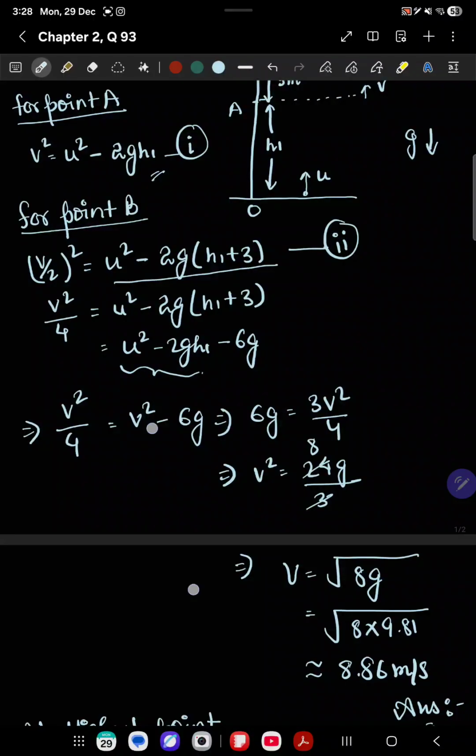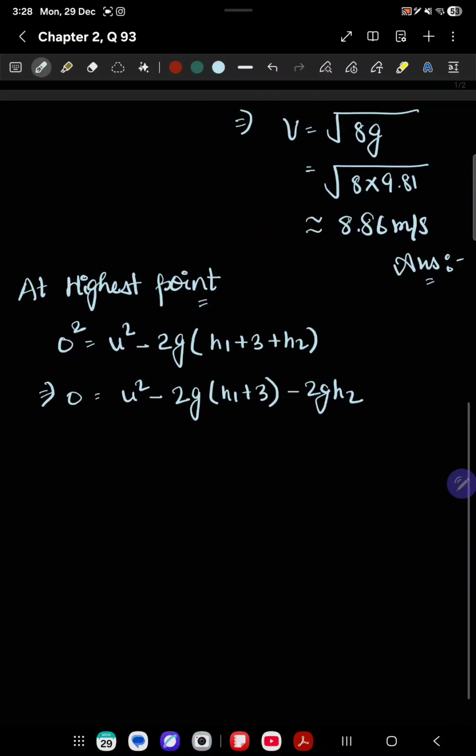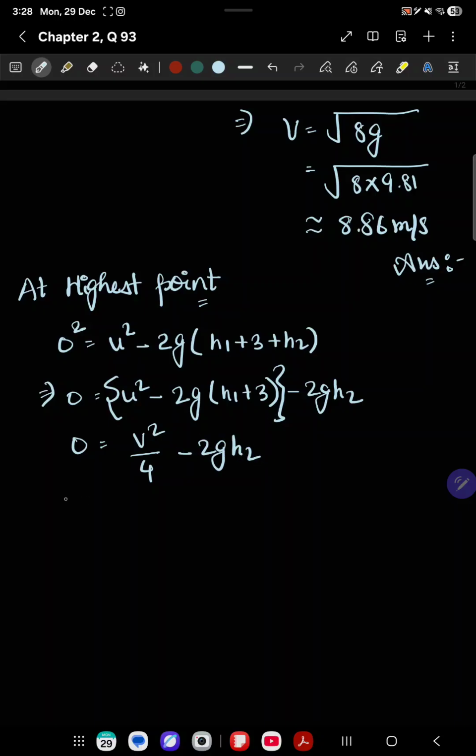So from equation 2 we can write it as v square upon 4 directly. So I can write this as v square upon 4, considering this part, minus 2g h2. So from here if we solve, 2g h2 equals v square upon 4, h2 will be v square upon 8g.